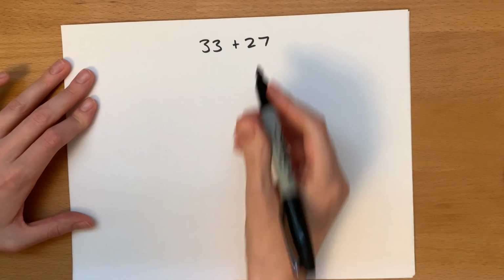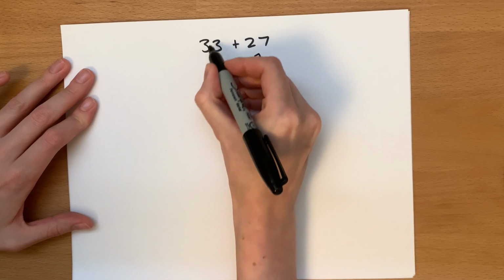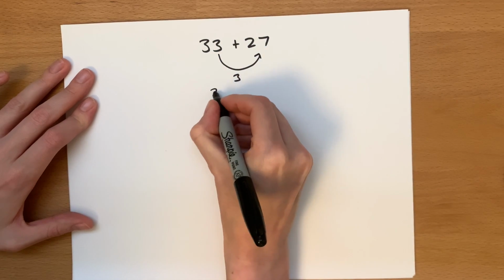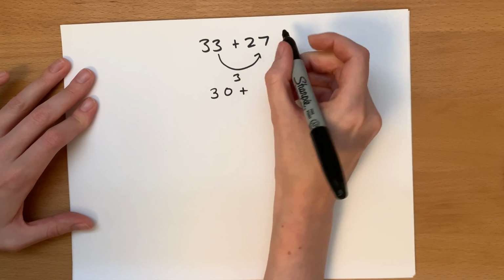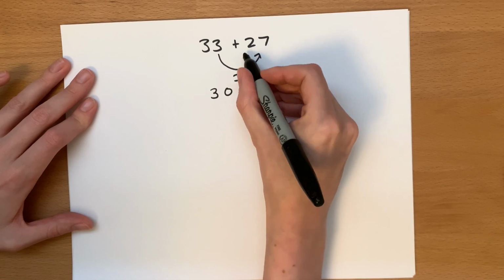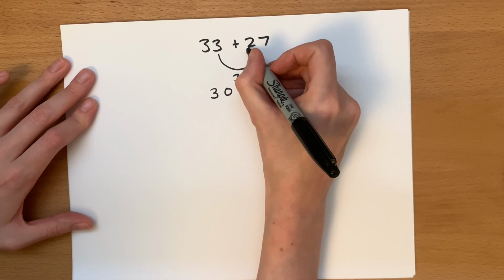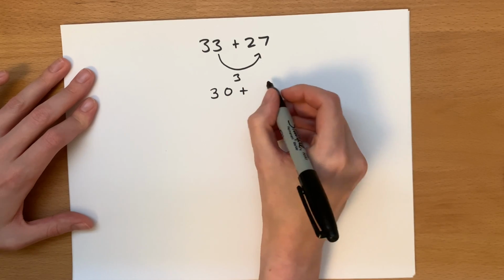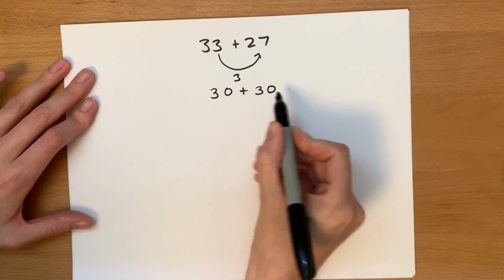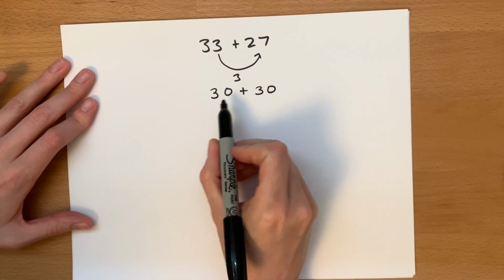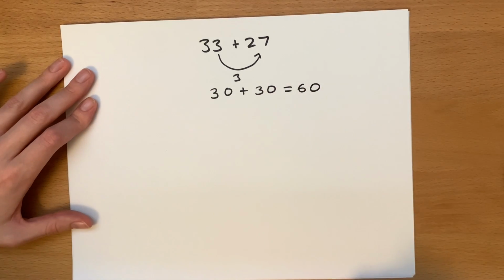What I'm going to do is take 3 from the 33 so that now I have 30, and I know if I add 3 to the 27, I'll have 30 because I'm taking it up to the next benchmark number. 7 plus 3 equals 10, so the next benchmark number instead of 20 is 30. So now I've got 30 plus 30. And I know what 30 plus 30 is. It's the same as 3 tens plus 3 tens, which is 6 tens.